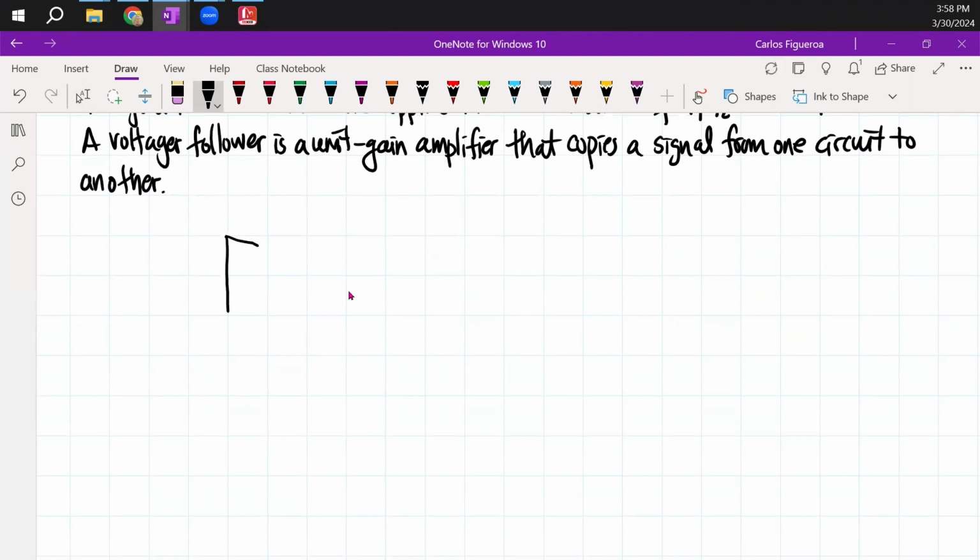Let's say that I have this op amp, and here is our output node, right? So this node right here is output. And we're going to have a load resistor.